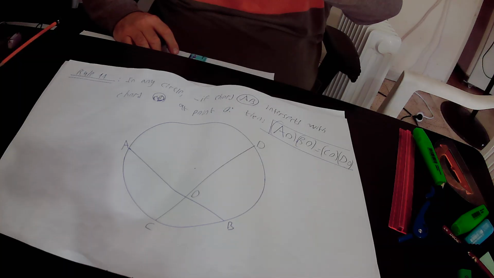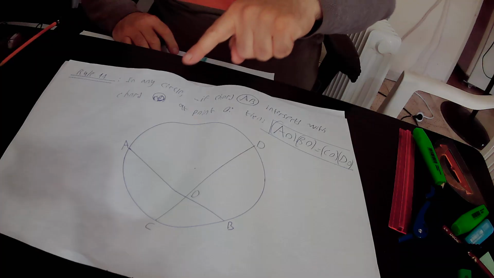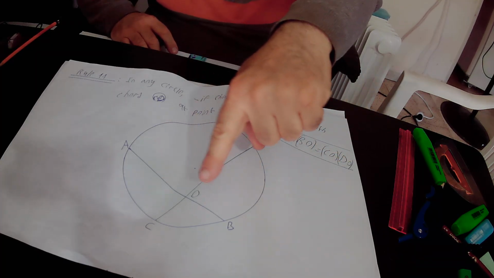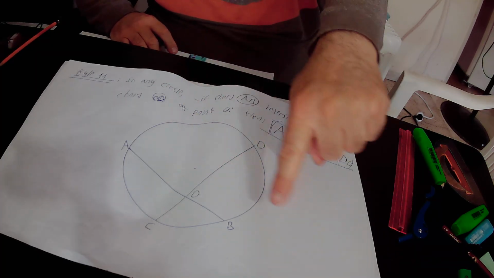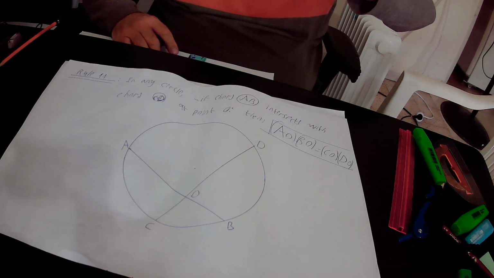Then in this drawing, the following equation will be true: AO times OB equals CO times OD. Again, AO times OB equals CO times OD.